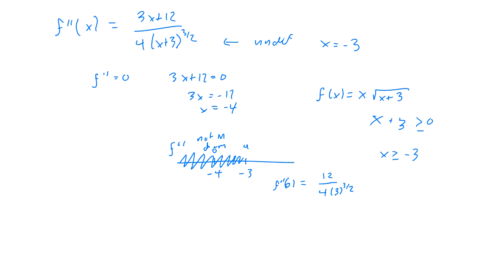I don't really care what number that is. All I care about is that it's a positive number, which tells us that the function is concave up from -3 to infinity. And since there's no place where the concavity is changing, there are going to be no points of inflection.